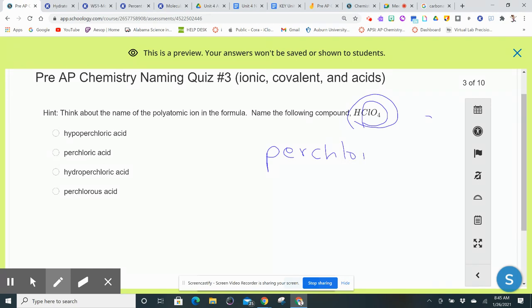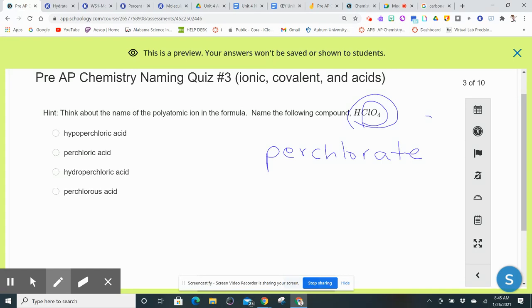And our little mnemonic device says if our polyatomic ion ends in ate, then our acid ends in ic. And we don't have any prefixes, any hypos, any hydros, nothing if the acid has a polyatomic ion.